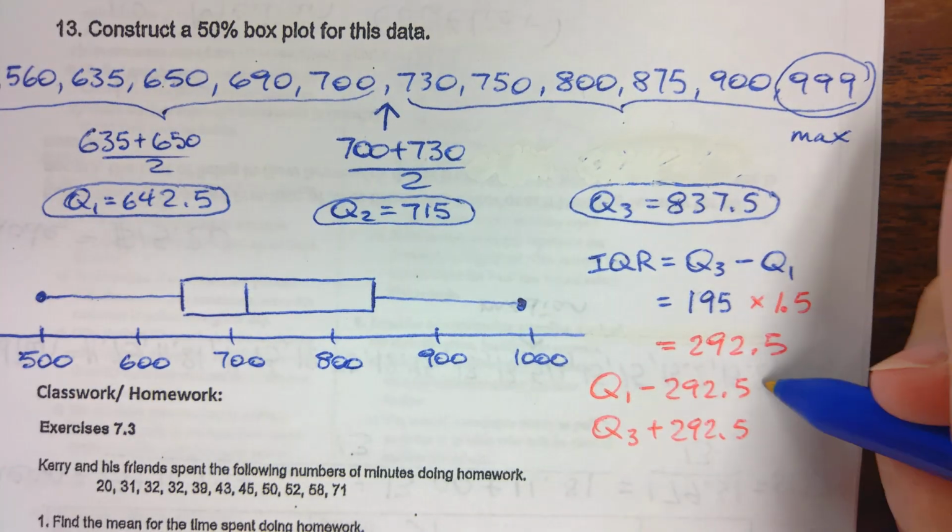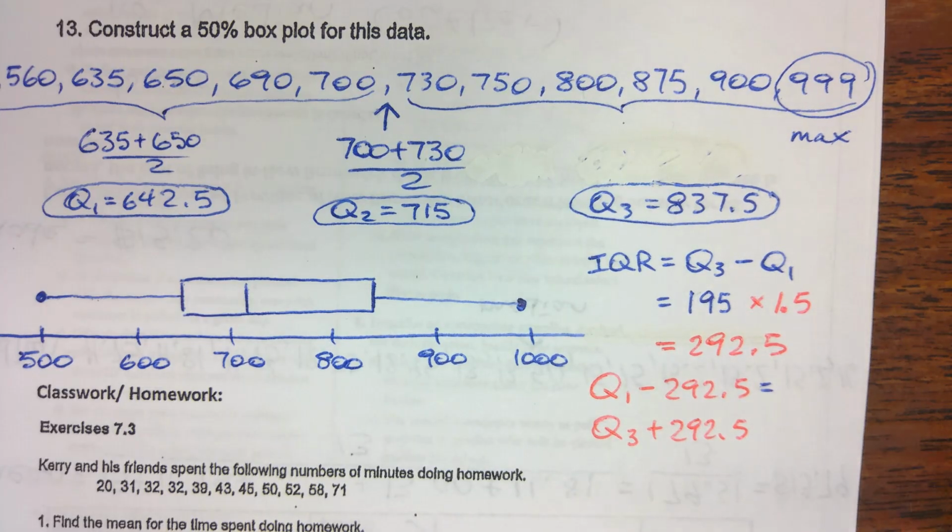So my range would be 642.50 take away 292.50.